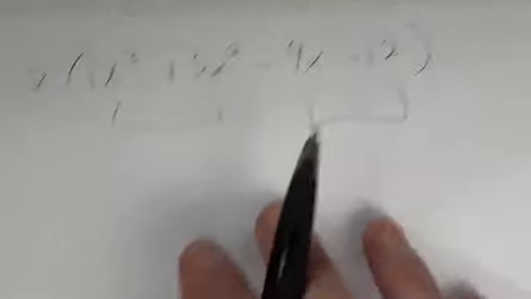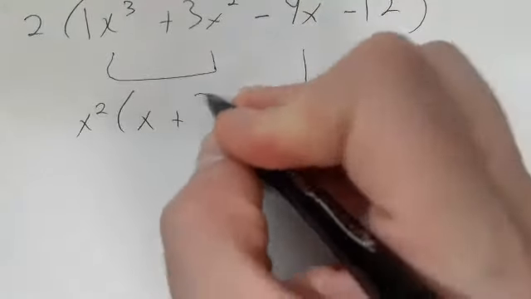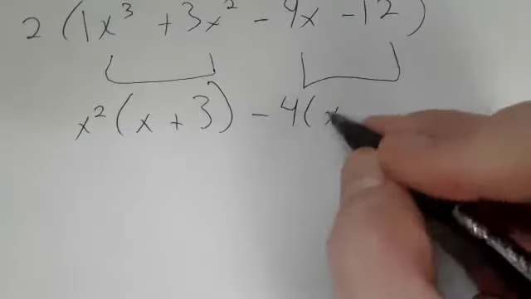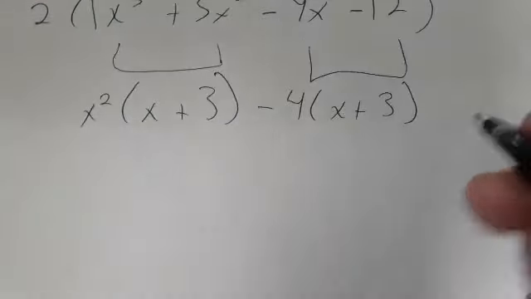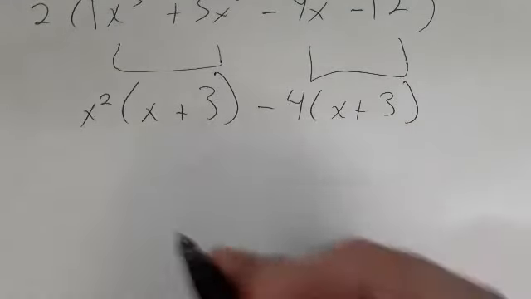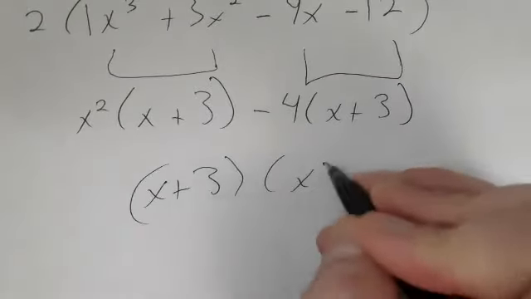I do x squared, that's going to leave me with an x plus. If I do a minus 4, then it's x. So what it looks like I'm getting out of this is an x plus 3 and an x squared minus 4.